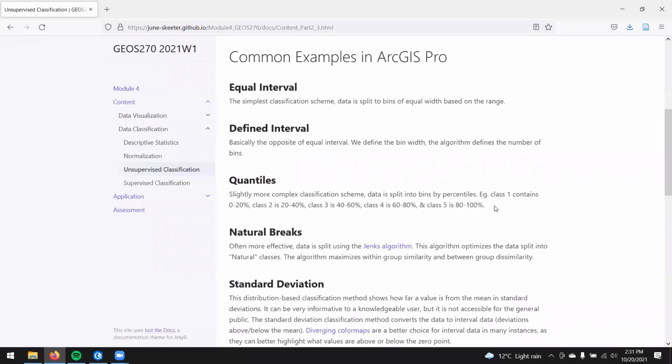It's a complex method that seeks to optimize the splits in your data set into natural classes. So it lets the data define how it wants to be grouped. Basically, the goal of the algorithm is to maximize the similarity within groups while maximizing the dissimilarity between groups.